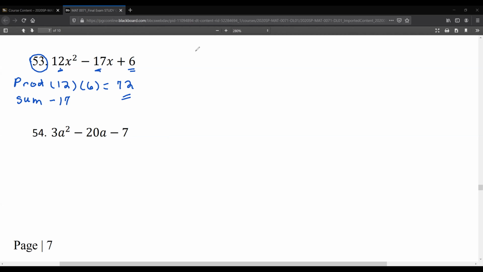Somebody said something, I just didn't capture it. She said negative 9 and negative 8. So let's check it out. You multiply negative 9 times negative 8 and get positive 72. That's right. When we add them together, you get negative 17. So if I check it, these right here are right. These become your critical integers.